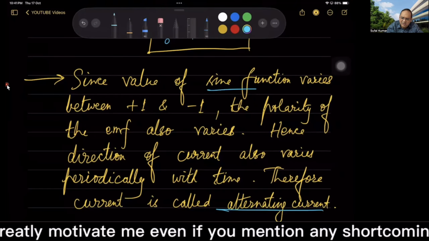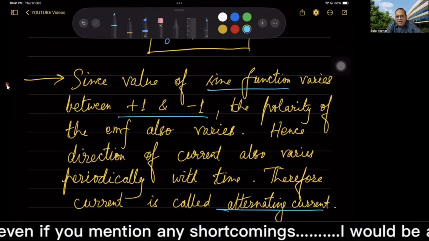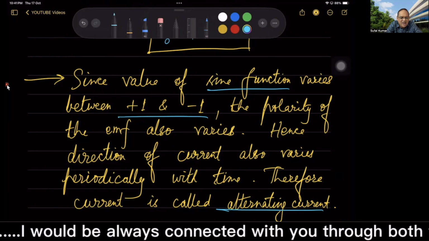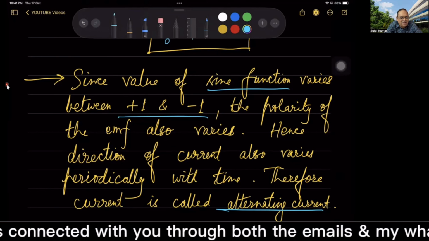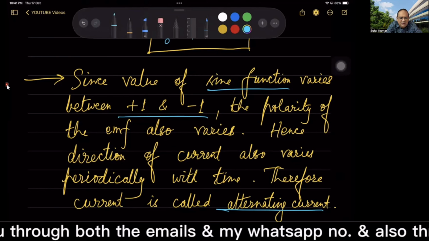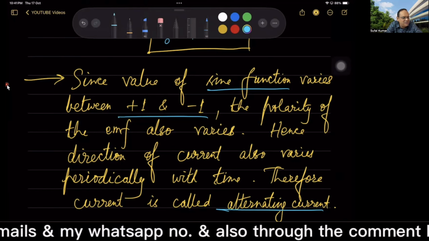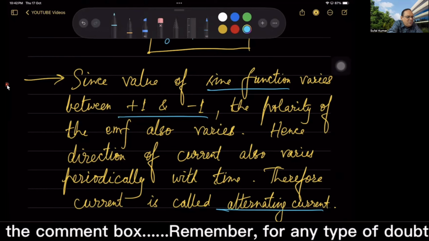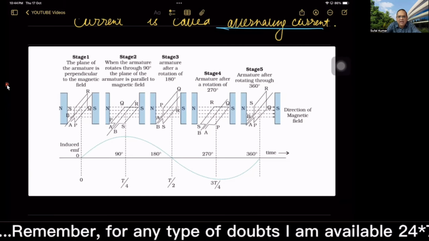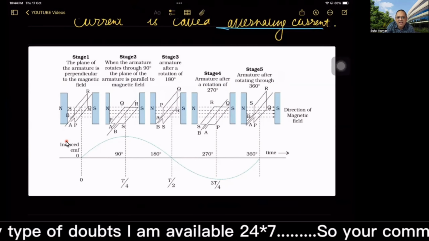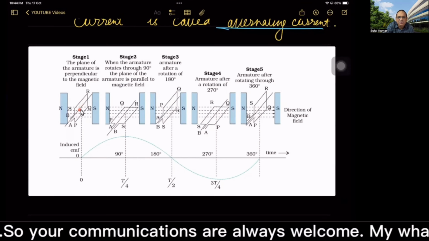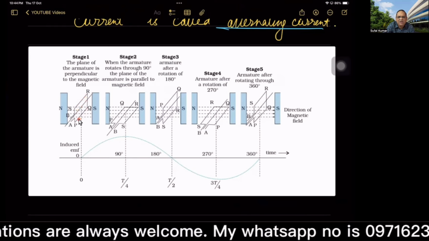This was the sine function, and we have known for a long time that the sine function and cos function both lie between +1 and -1. Lastly, I'm to include one more diagram. In this diagram we could see this was the initial position of that rectangular coil.